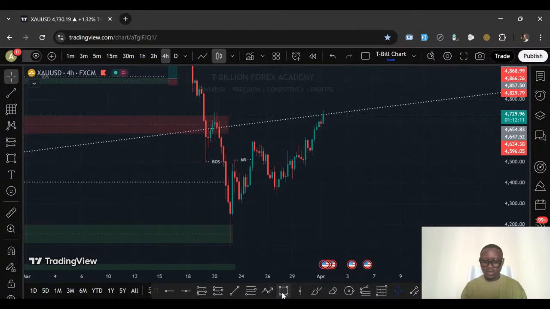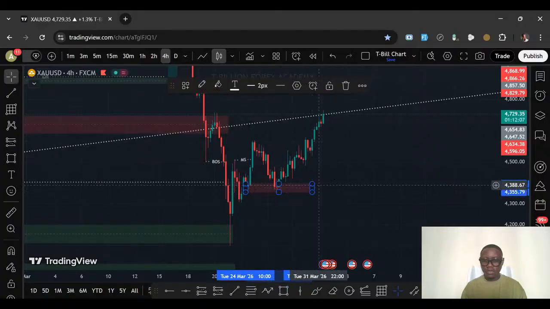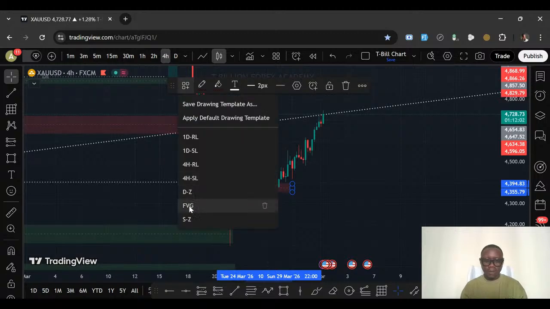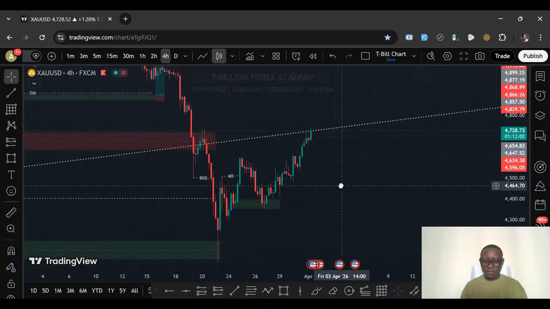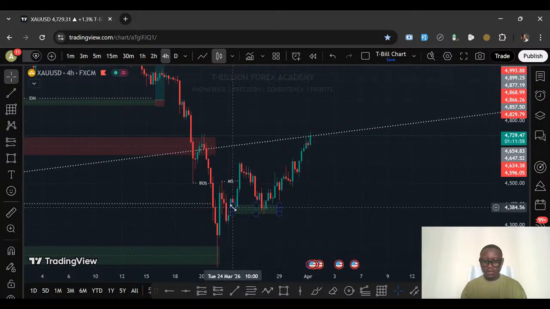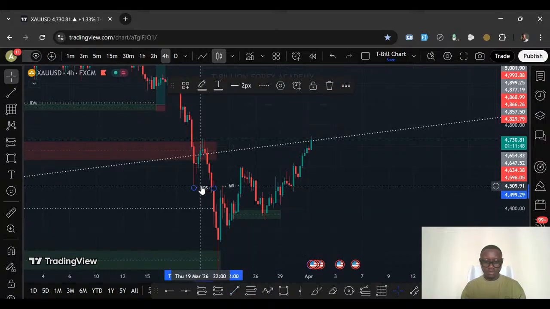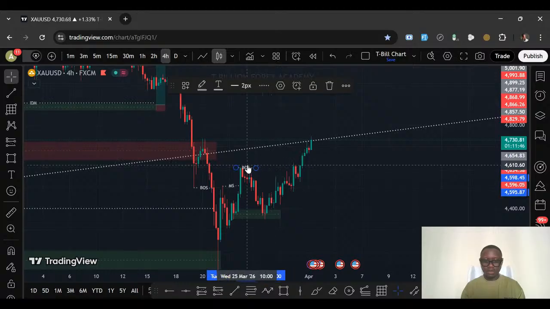Okay, and price has tapped into this order block right here and given this massive buy. Okay, so this is what we have here. Now we got this break of structure right here.